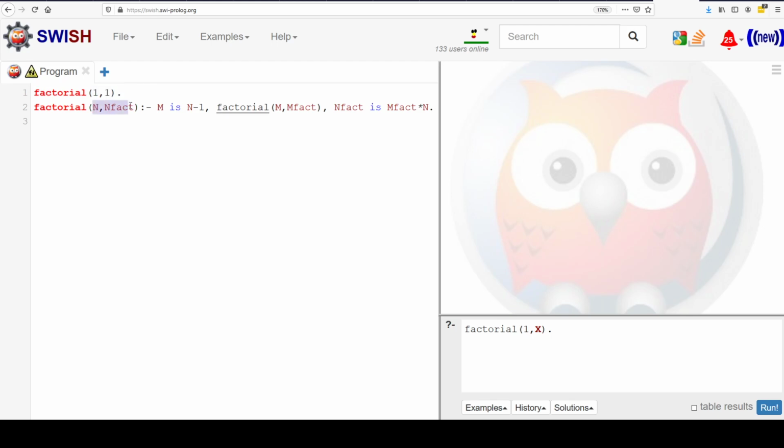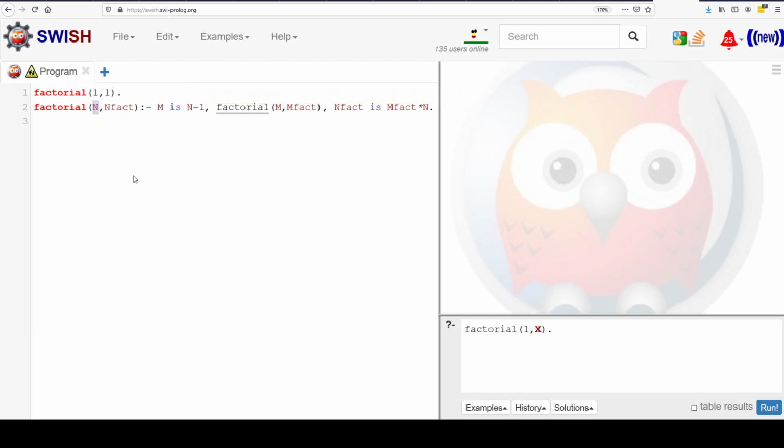And then our recursive predicate takes an n, which is the number we're looking for. Let's say we were looking at 4 factorial. This would be 4, and then n factorial is what we would get out. This should end up being 24. The way we do this is a recursive call, where we say that m is n minus 1.